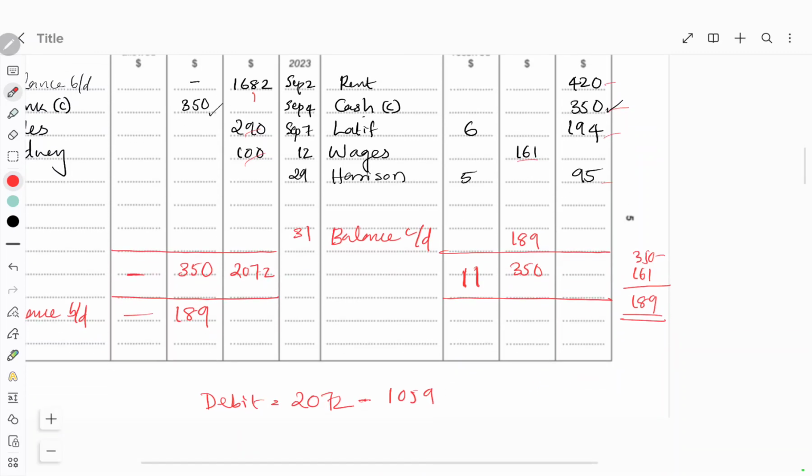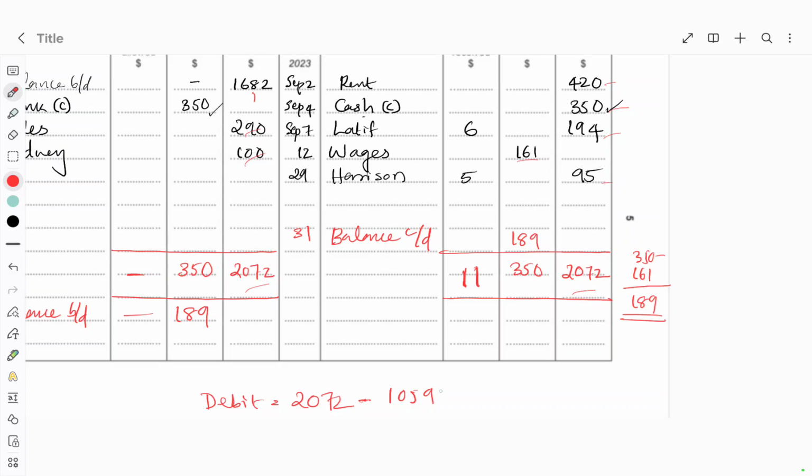So higher number minus lower number. The higher number you should record on both the sides of your cash book. So here also bank column, here also bank column I recorded. If the credit side is higher, take that number on both the sides and reduce the lower side. Okay, so 2072 is the highest, minus the lower side, 1059.